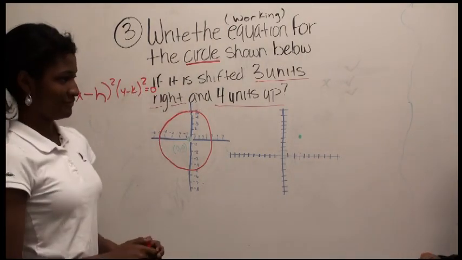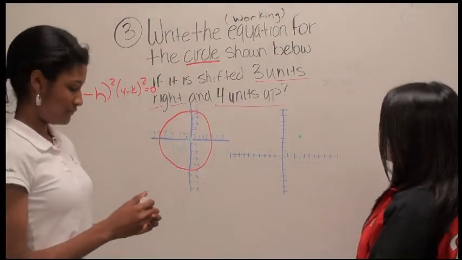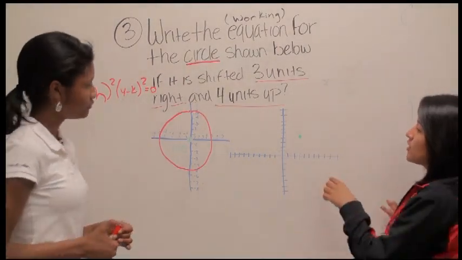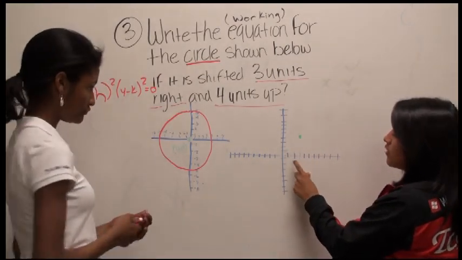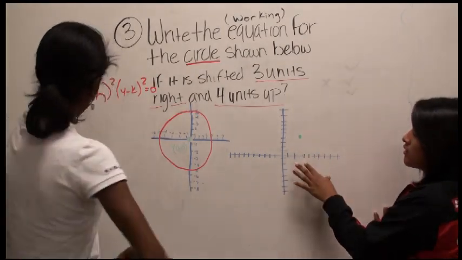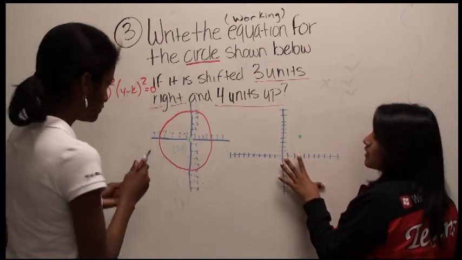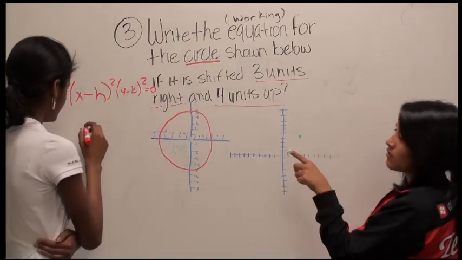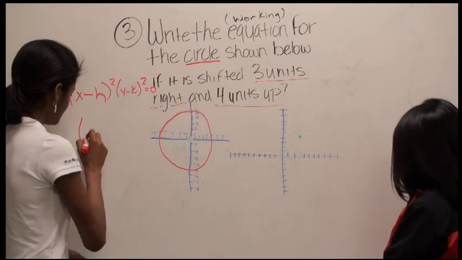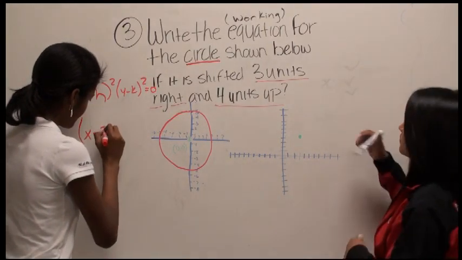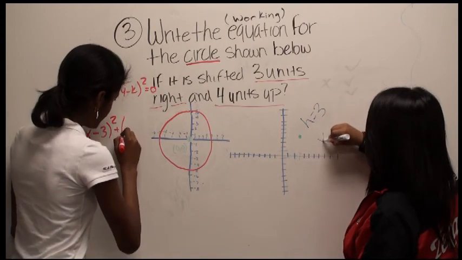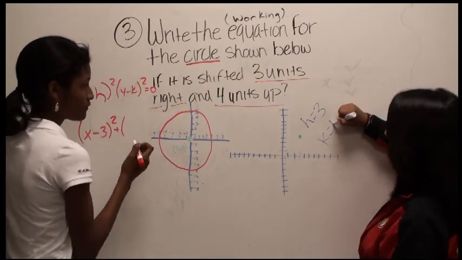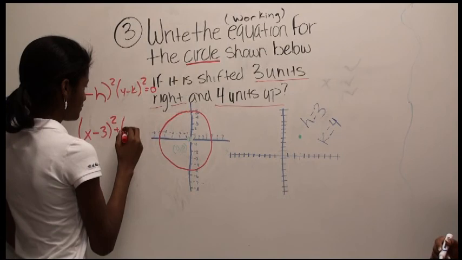So that's our working equation for a circle. Now we can just plug in our vertex. Our vertex now is at 3 and 4. So our 3 is our x, so we replace our h with it. And then our k is 4.